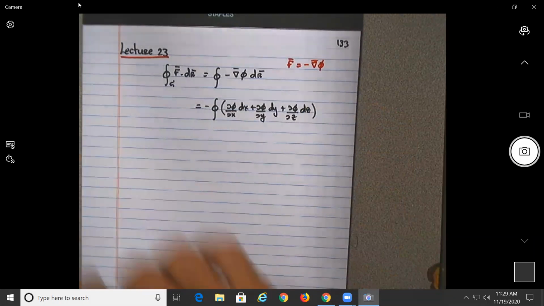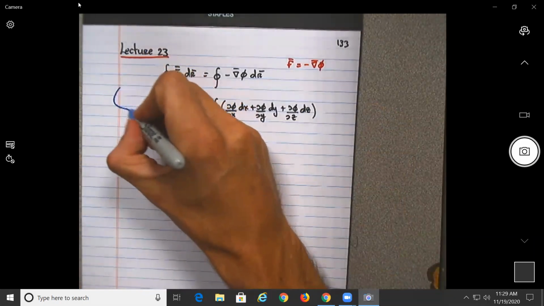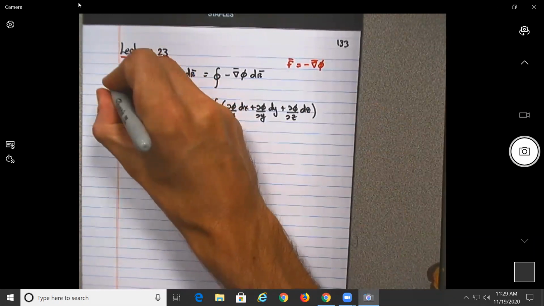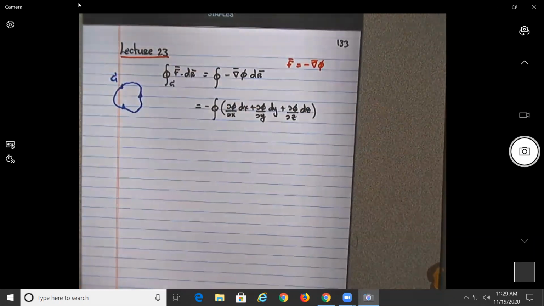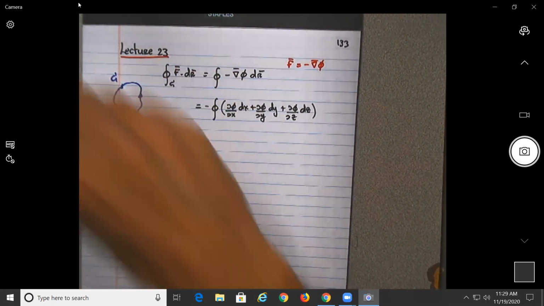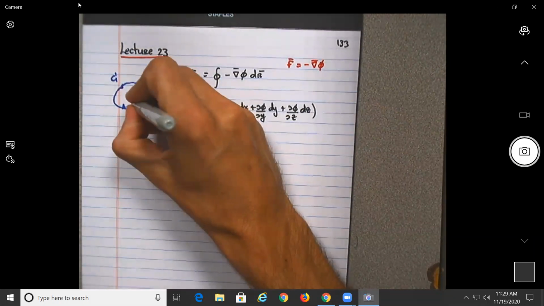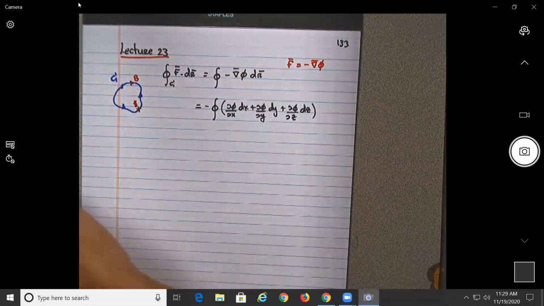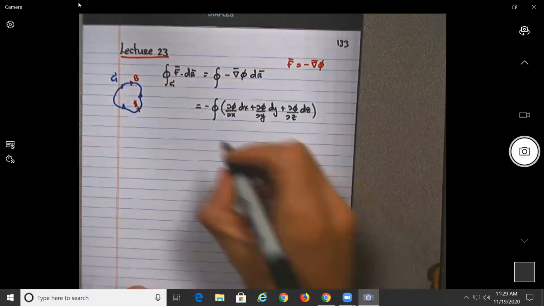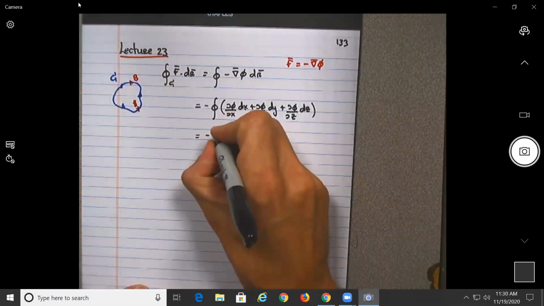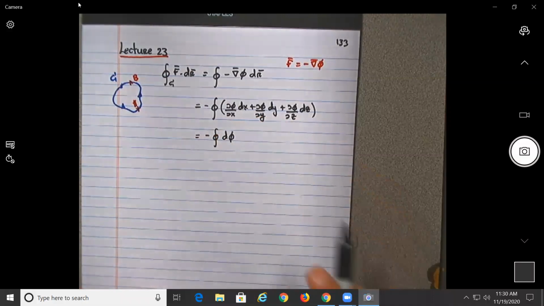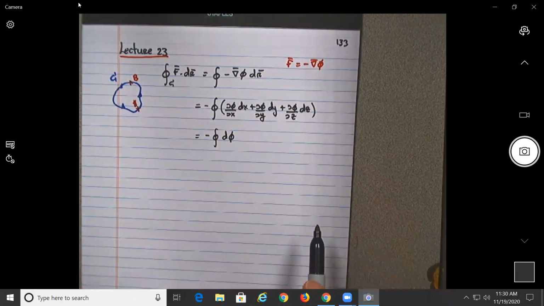And let me do a figure over here of what you're trying to do. This is C now. Let's say we have a point A here and B. So really it should just be equal to minus the integral of the full derivative, no, of the function.